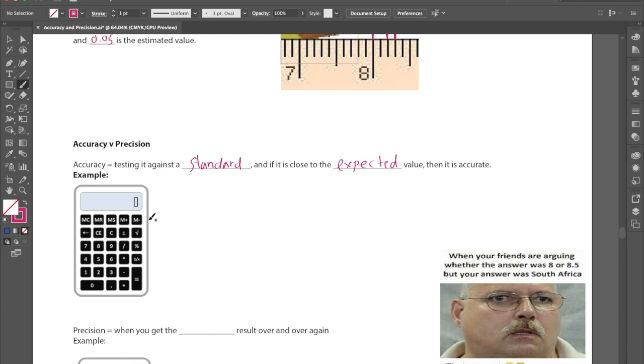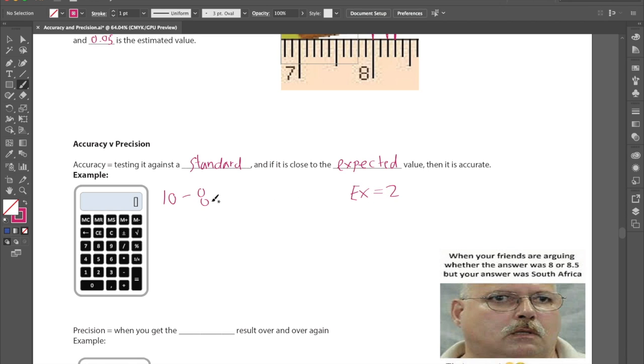So let's take a look at an example here. Let's say you are on your calculator and you're doing an equation like 10 minus 8. What we'd say the standard would be, what you would expect, is that you would get an answer of 2.